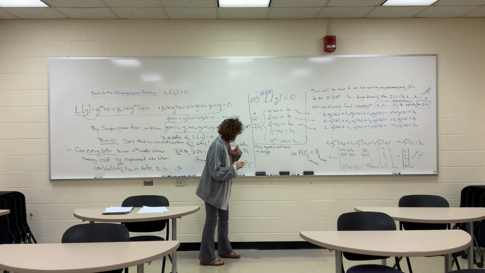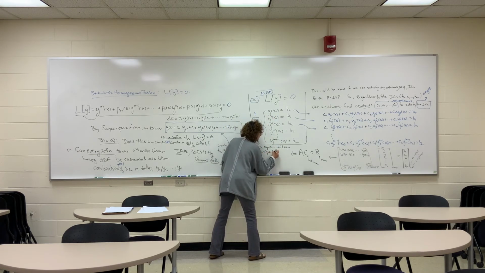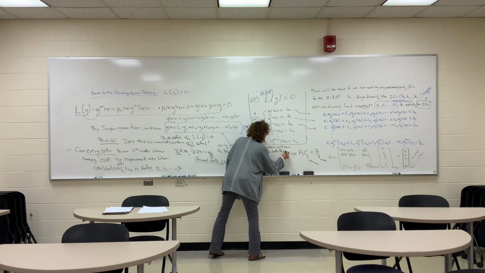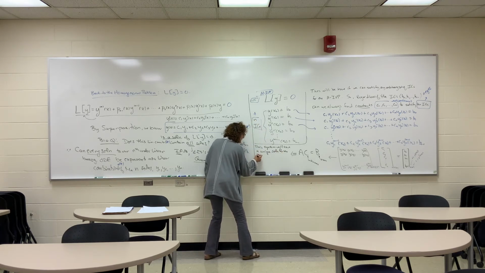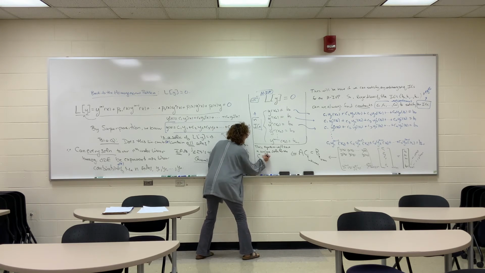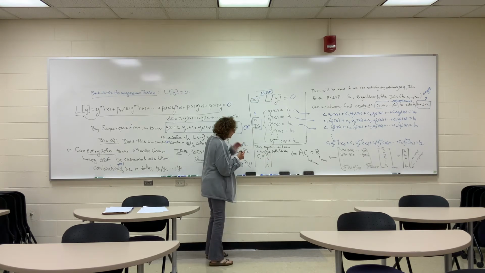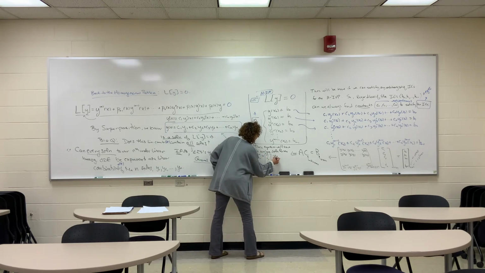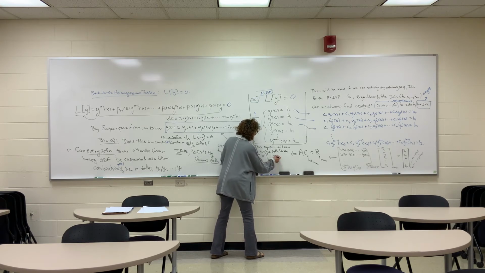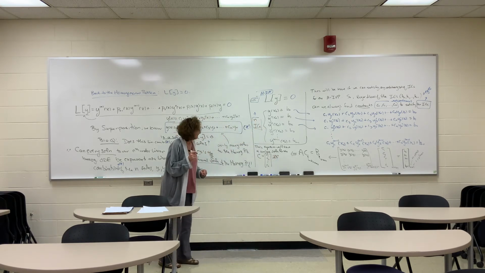This system will have a unique solution for the capital C, which is the set of the constants, C1 through Cn, if and only if, all you linear algebra gurus out there, can you tell me?